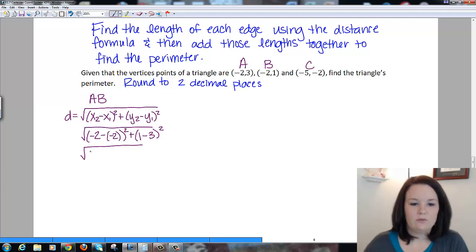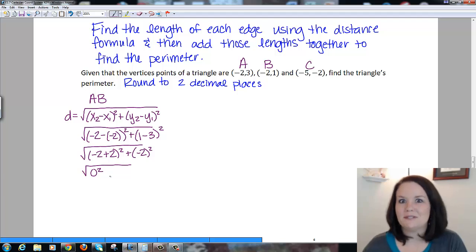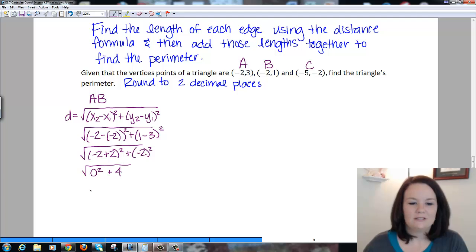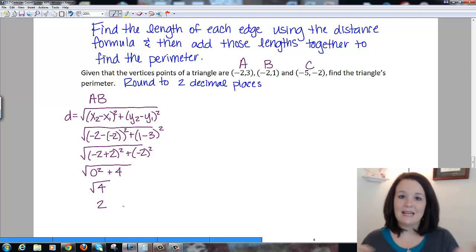So I have the square root of -2 plus 2 squared plus -2 squared. Now -2 plus 2 is 0, so 0 squared is still just 0, plus -2 squared, which is 4. So what I'm ending up with is the square root of 4, which is just 2. Okay, so my side AB has a length of 2.